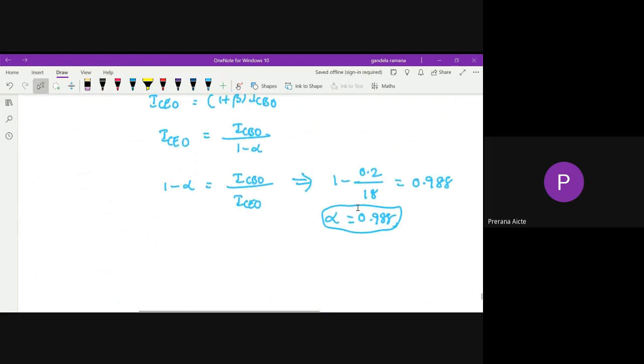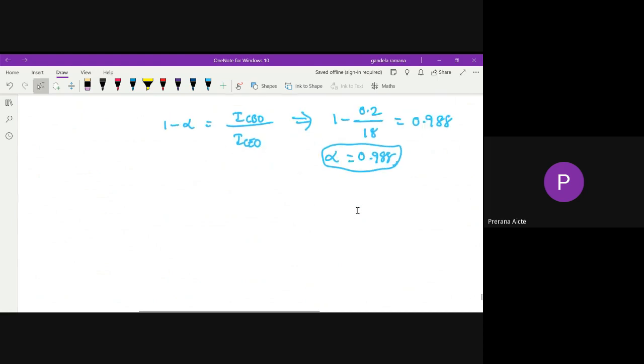So how can you find out the beta value? ICE naught is equal to (1 plus beta) into ICB naught. ICE naught and ICB naught, you know.